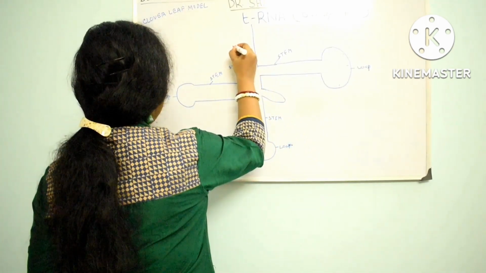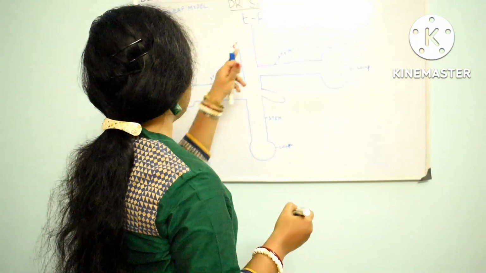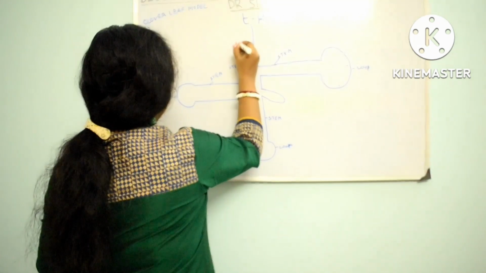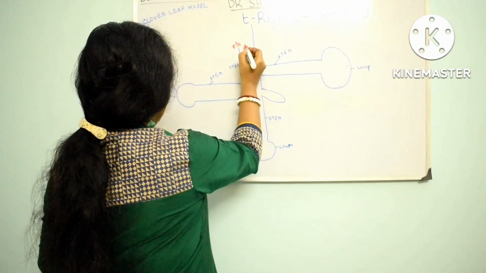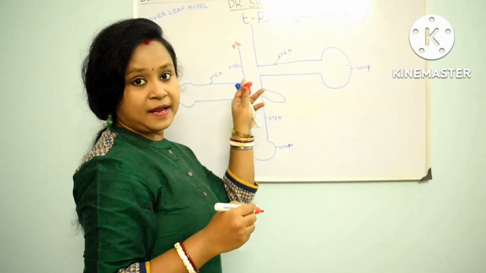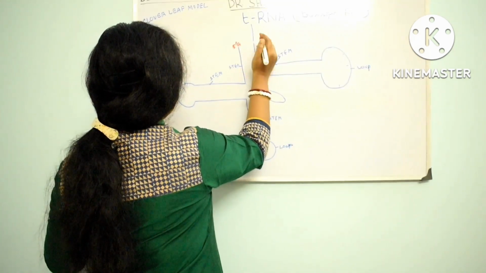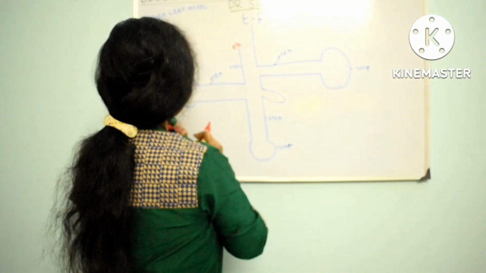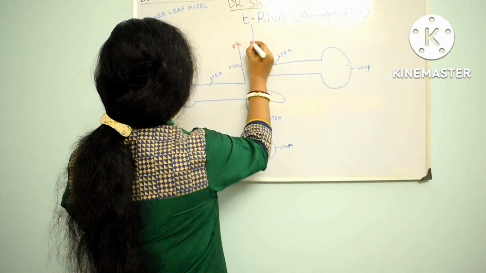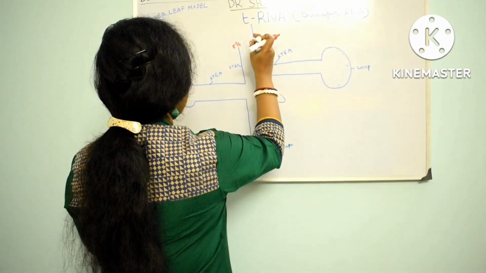So this one is the 5' end, and at this 5' end there is a G. If G is present here, then parallel to G, C is present here, as G and C are complementary in nature.